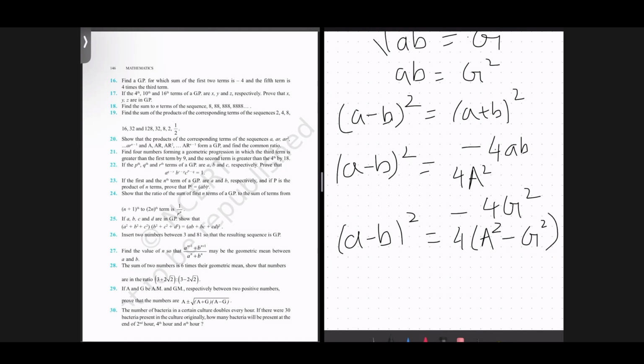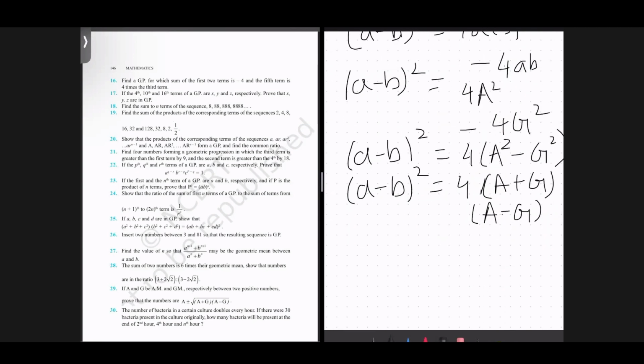Now A²−G² can be written as (A+G)(A−G). So (a−b)² is going to equate to 4(A+G)(A−G).